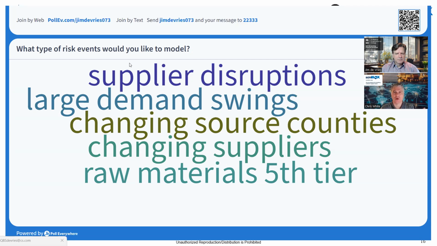I'm switching suppliers or I'm moving from country to country. And if you've seen any of these previous webinars, you've seen us do some of this. And now we'll address maybe not raw materials down to the 5th tier, but you'll see it down to the 3rd tier in this model. But we could still go deeper. But anyway, yeah, this is a great list. These are big issues and we need approaches for solving these, or at least analyzing them.